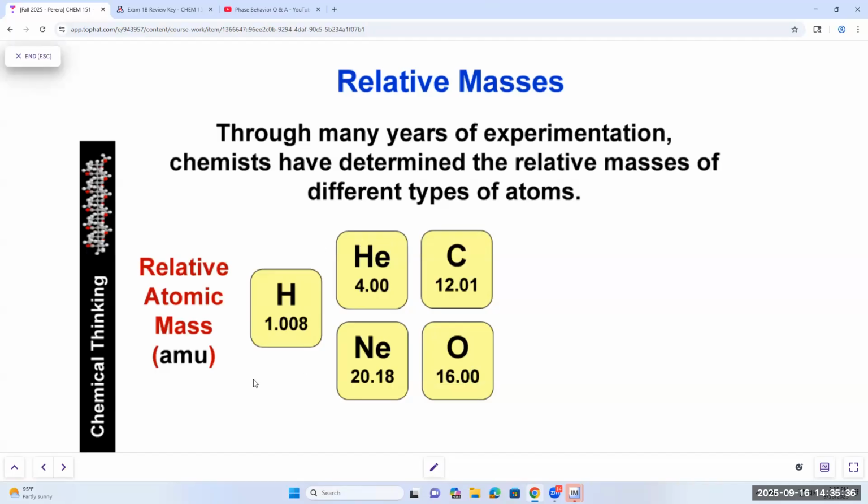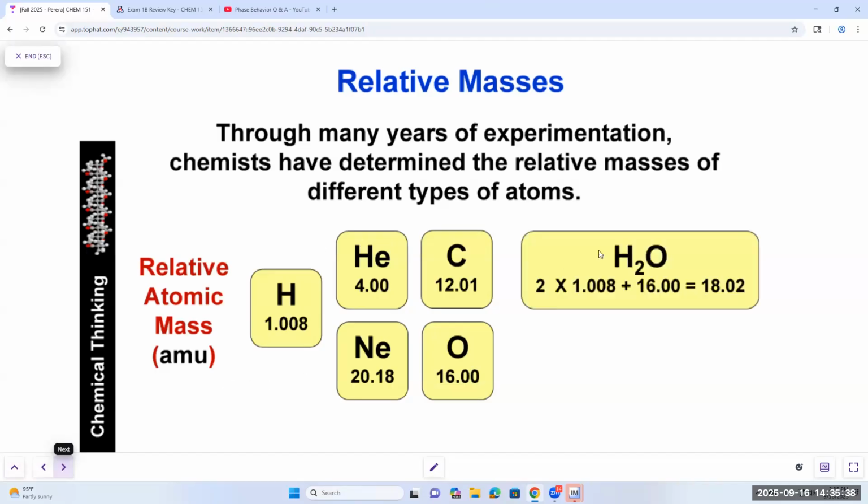Now let's say that you have a chemical compound, which has more than one element, obviously, like H2O. If you want to know the relative mass of that, what do you do? You add the relative masses of 2 hydrogens, 2 times 1, to the relative mass of oxygen, which is 16. So 2 times 1 is 2, plus 16 is 18, and that's how we know the relative mass of H2O is 18.